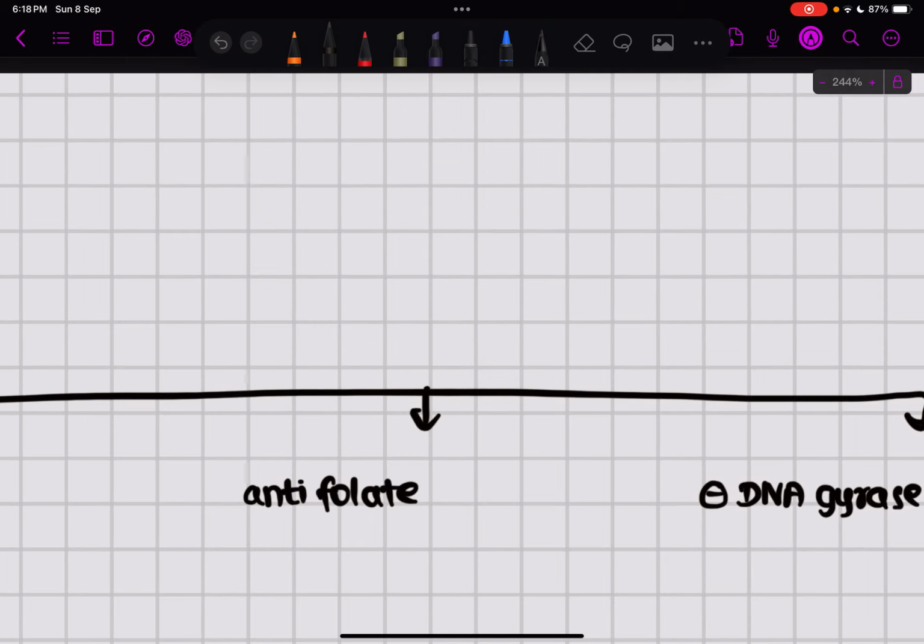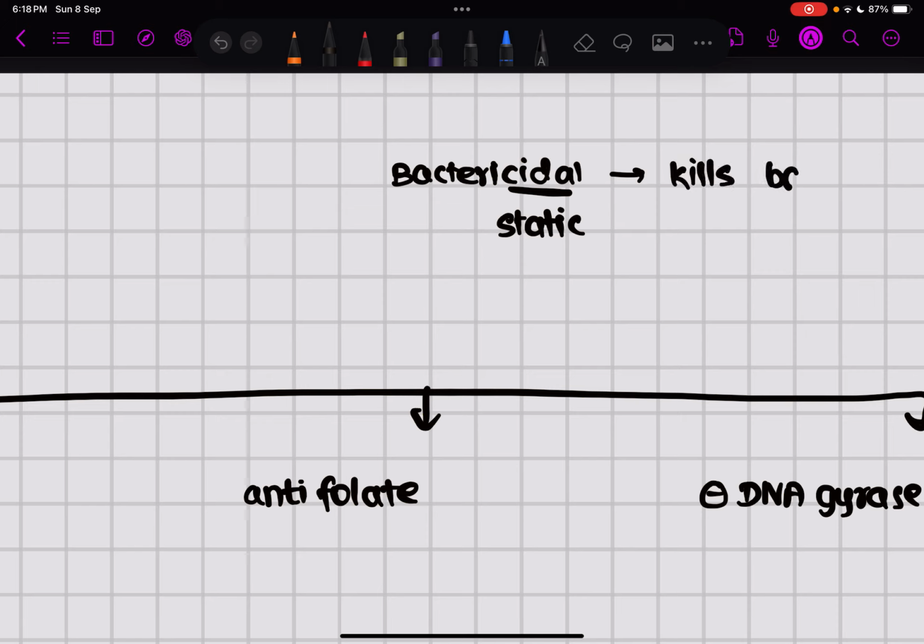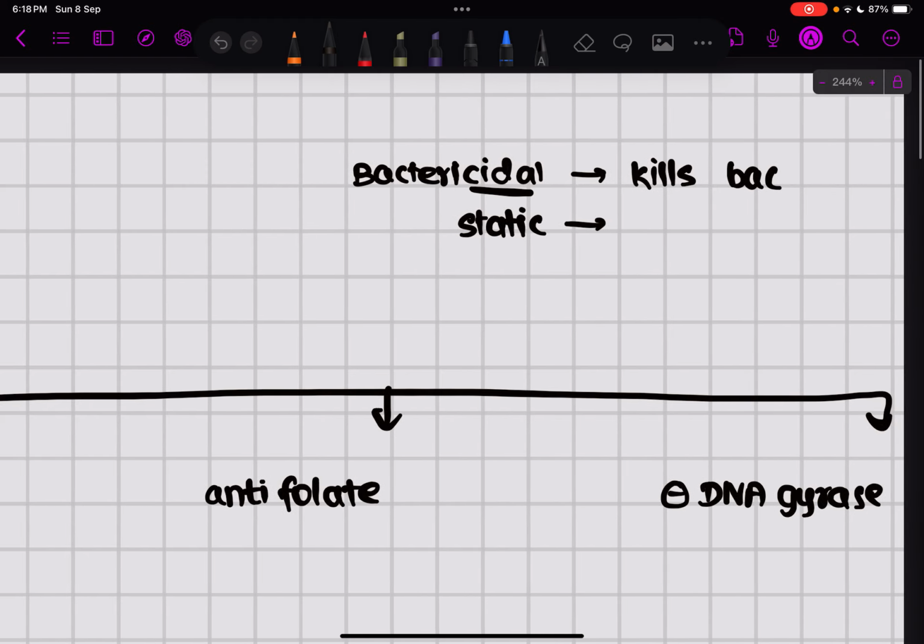So first, looking at these terms, bactericidal and bacteriostatic. Cidal means to kill, so it kills bacteria. Static means it inhibits replication or multiplication, in other terms.